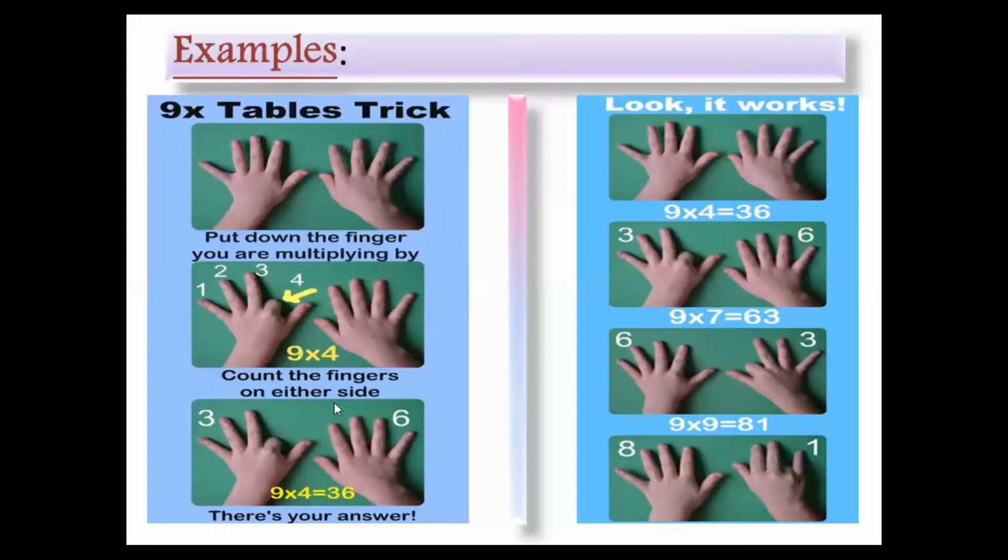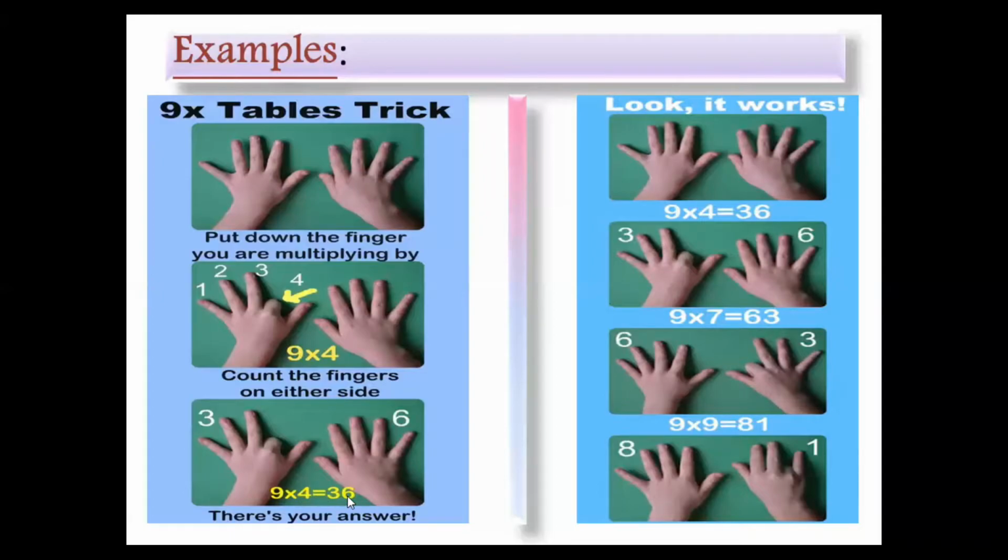Then we count all fingers after the fourth finger: 1, 2, 3, 4, 5, 6. So we write number 6 in the ones digit of the product. So 9 by 4 equals 36.